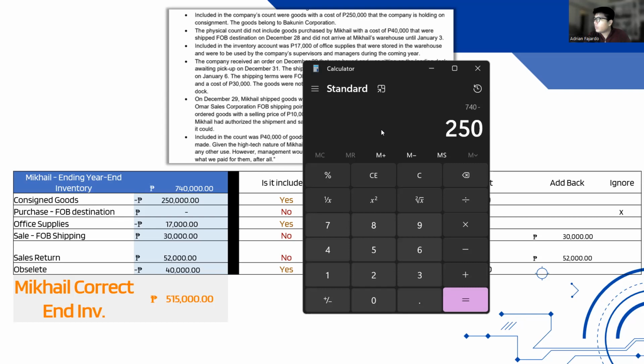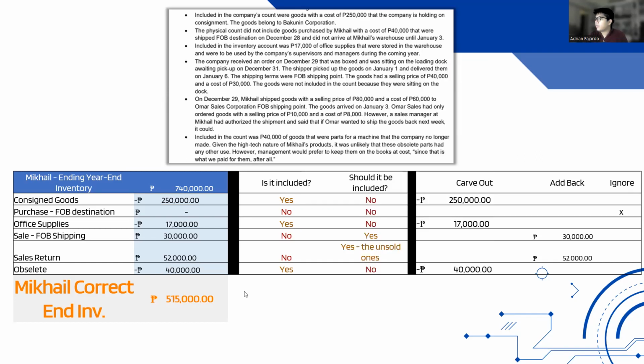Walang effect yung item 2. Minus 17 of item 3. Plus 30 of item 4. Plus 52 na in-add back natin. And then minus 40. So, ang total correct ending inventory natin is 550.